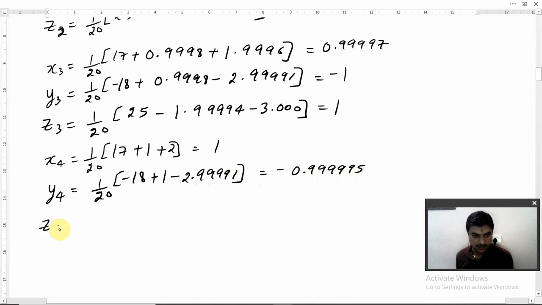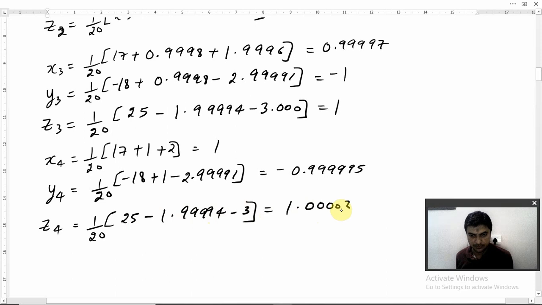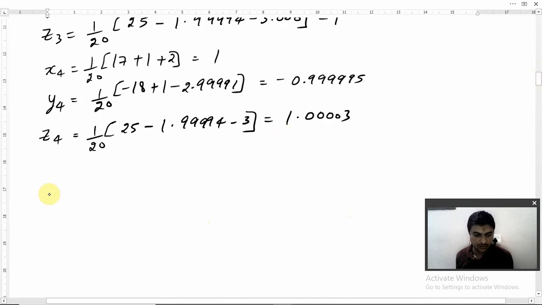Okay, then z4 you are going to get 1 upon 20. This is 25 minus 1.9999, minus 3, which is equal to 1.0003.